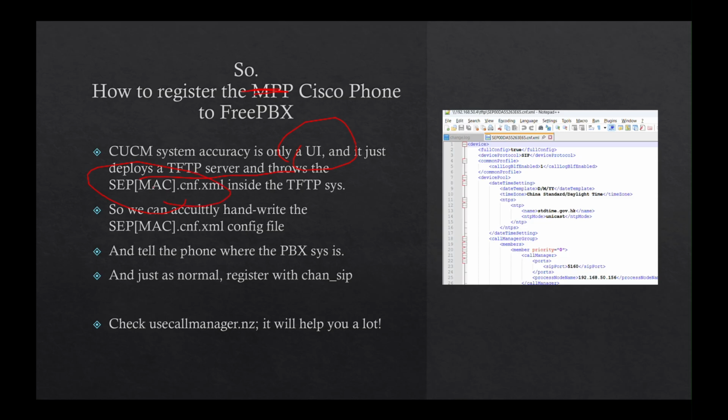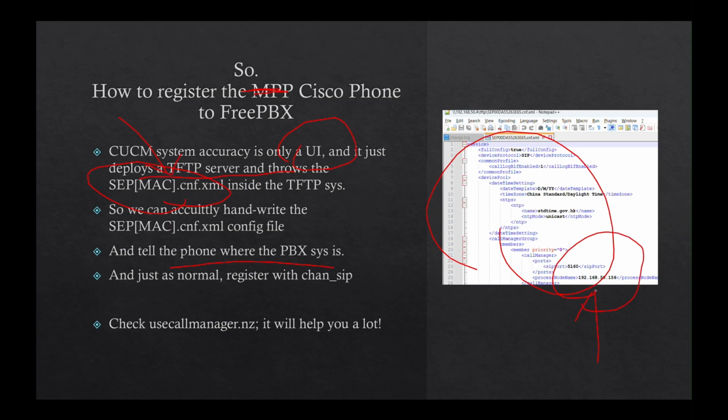The phone just registers using this file. So this is the config file here, which I added. The phone just reads this config file from the TFTP server. Actually, you can handwrite the whole config files and tell the phone where the PBX system is. So you can see the IP address here.